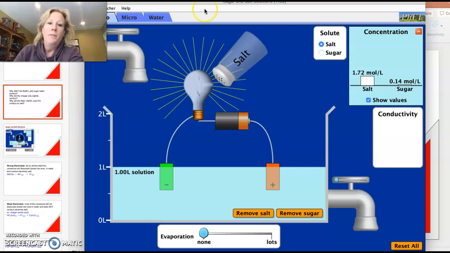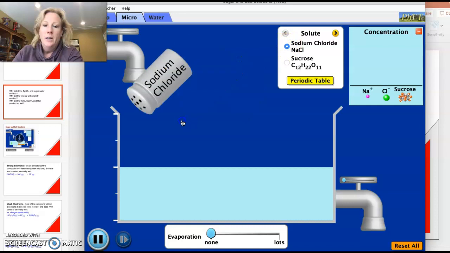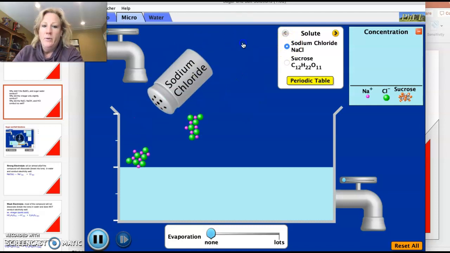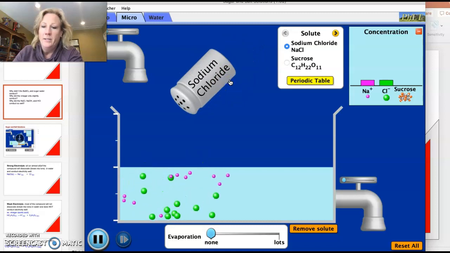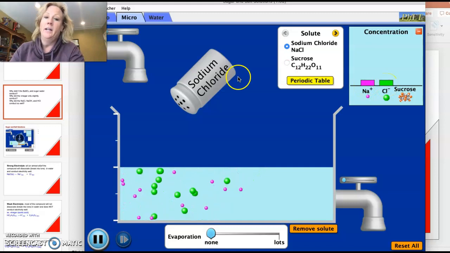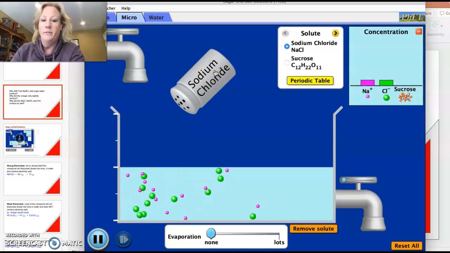But if I show you the microscopic view of the salt, you'll remember that the reason why it's conducting is because when you put it in water, it breaks into the sodium, the positive ions, and chloride, the negative ions, which are going to be attracted to the oppositely charged electrodes of the conductivity meter.